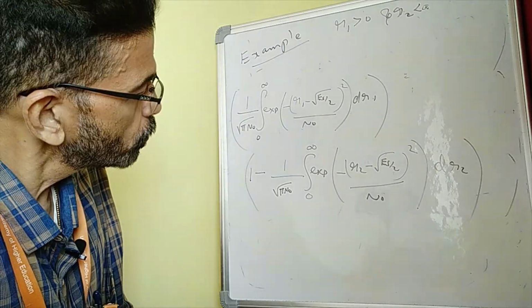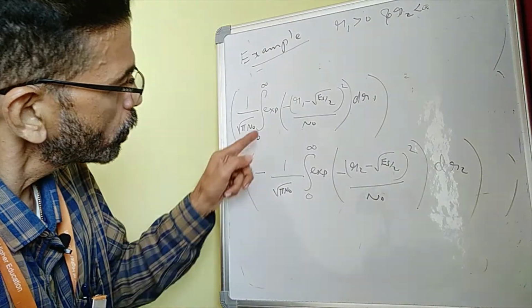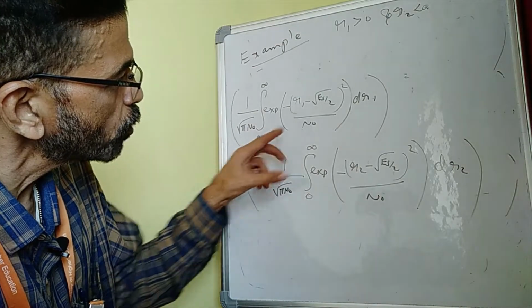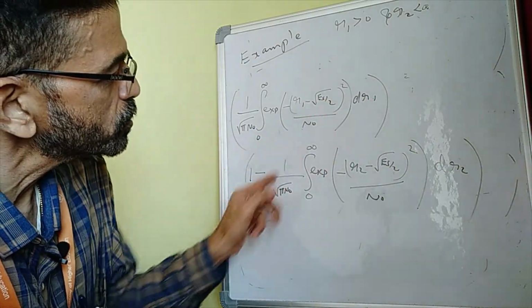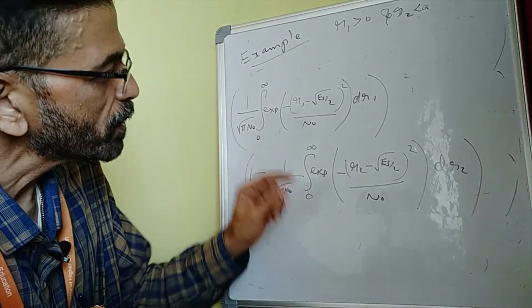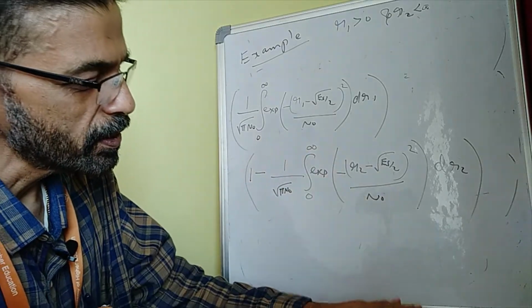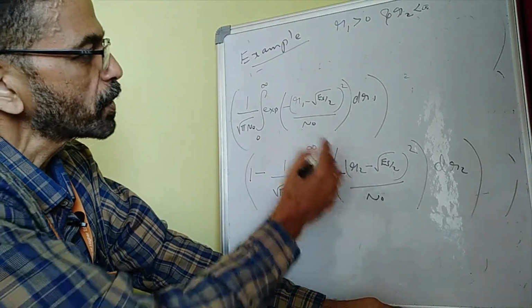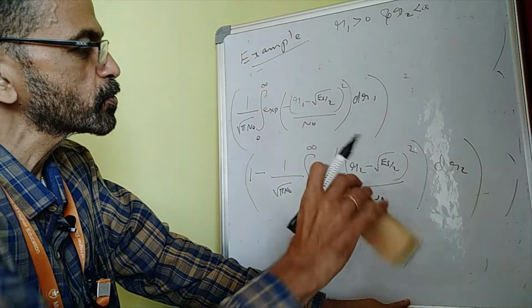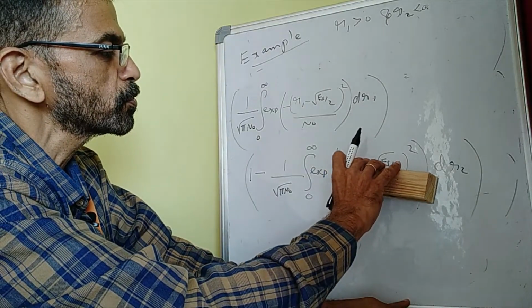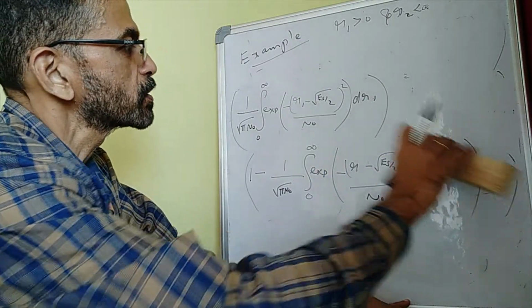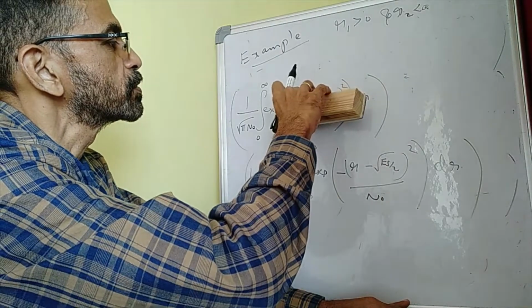We now multiply these two terms. We open up the brackets. And before I open up the brackets, let me say that R1 and R2 are just variables of integration. They are dummy variables. So if you just write like this, the result remains unchanged.